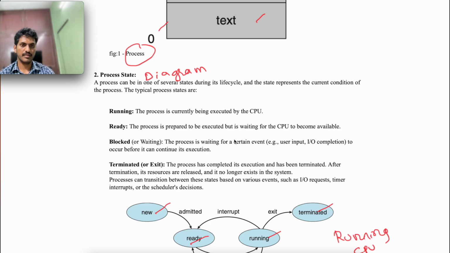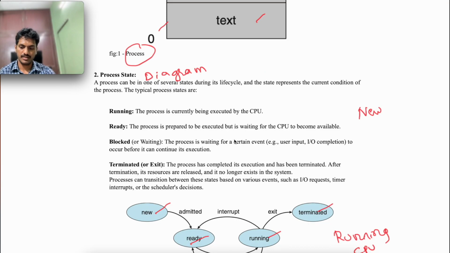See, I am writing here: first one, new, second, ready, third one, running, and next one, waiting. I am mentioning the numbers also.